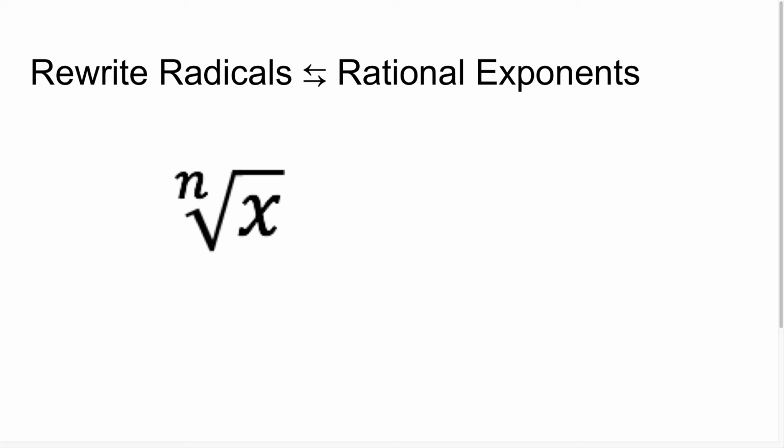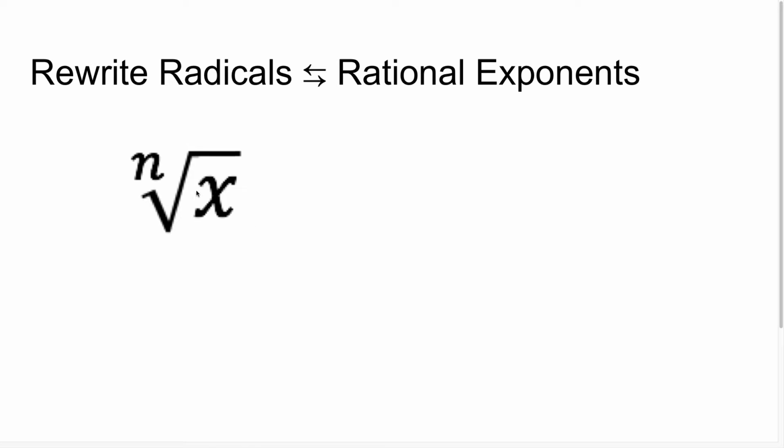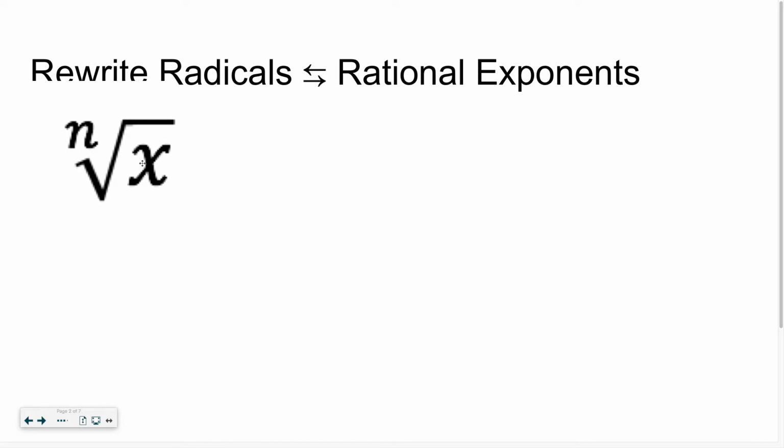So we're going to start with the nth root of x. This could be any index, any radicand. This turns into x to the 1 over n. So I'm going to do a few examples.